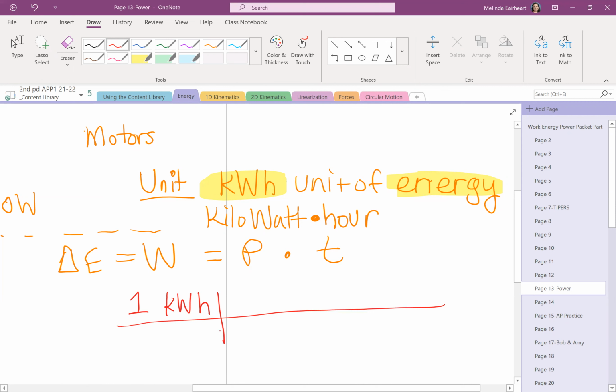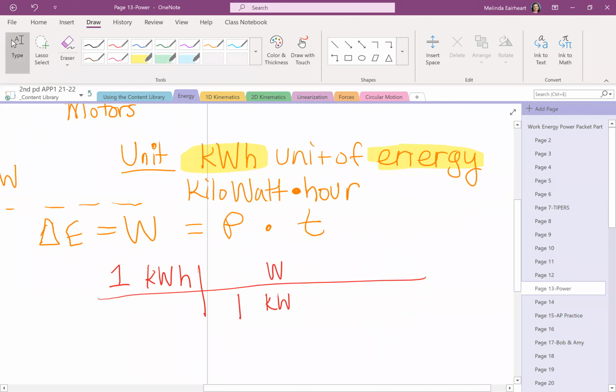Well, let's convert to watts. Kilowatt to watts. And so the kilowatt on bottom, watts on top. 1 kilowatt is how many watts? 1,000. Kilo is 10 to the third. That's on the formula chart, or it's 1,000.